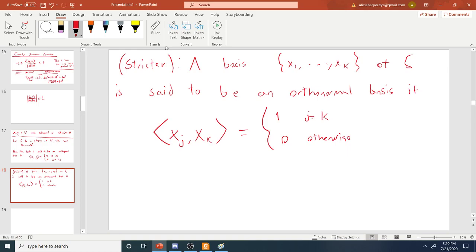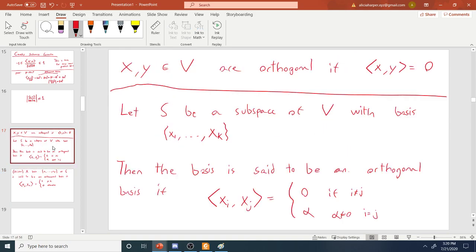So the difference from orthogonal is that you're not requiring anything specific on alpha, other than alpha not being 0.